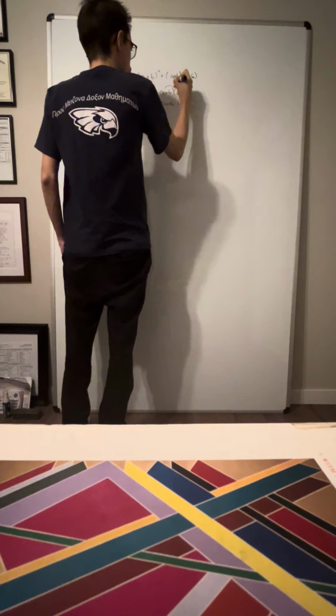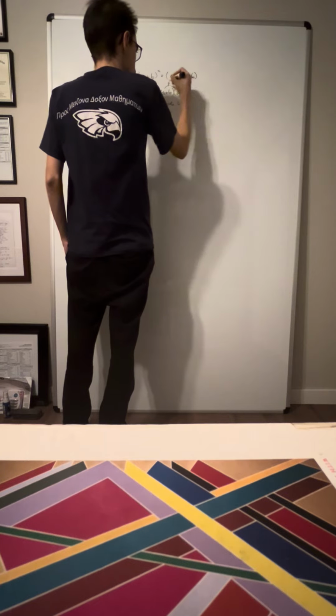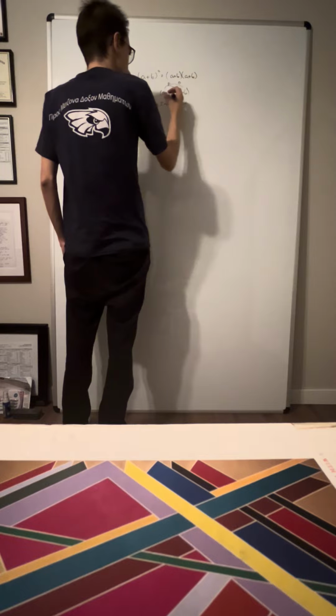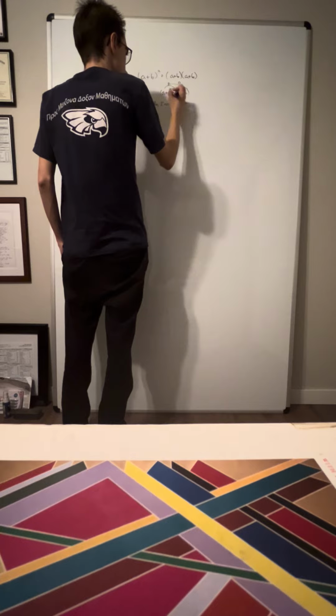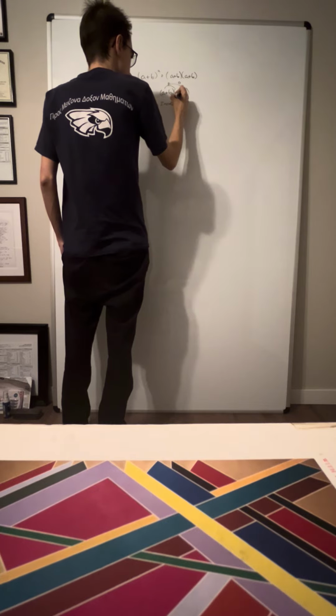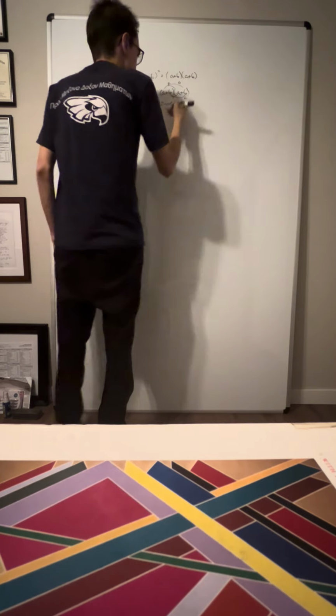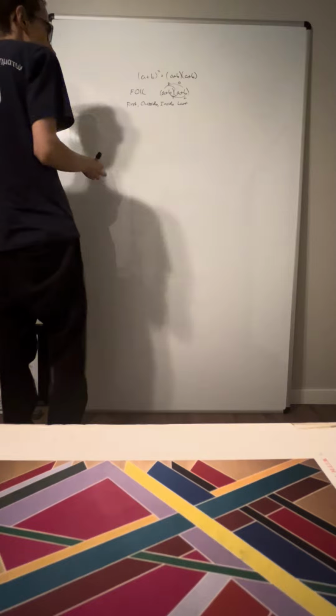So a is first, then you go here to get the outside part, then b times a is inside, then b times b is our last.